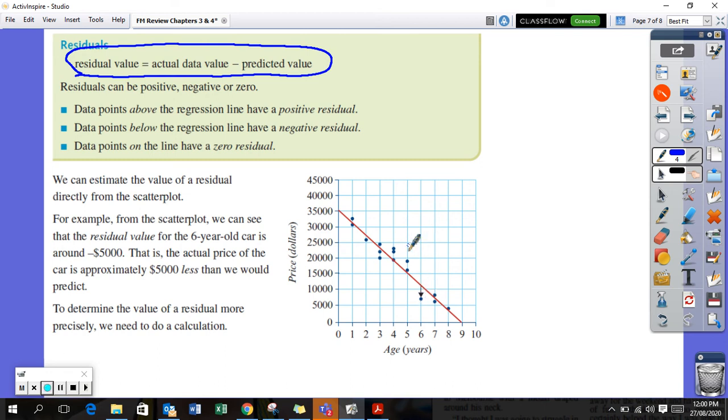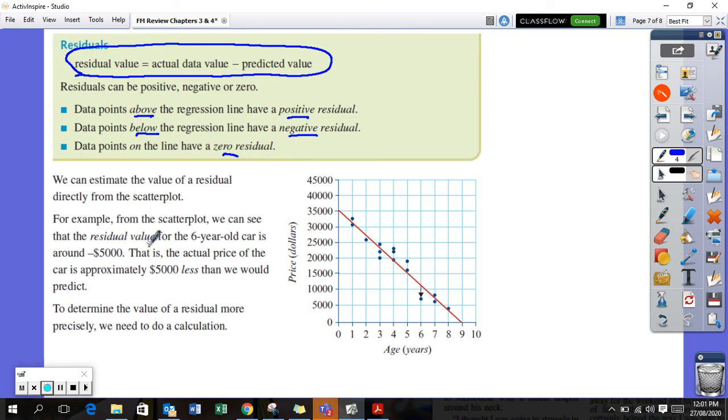For these ones, the residual will be positive, because it's actual minus predicted. Data points above the regression line have a positive residual. Data points below the regression line have a negative residual, and if one falls exactly on the line, they'll have a 0 residual.